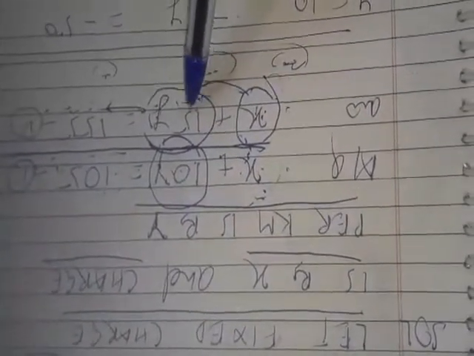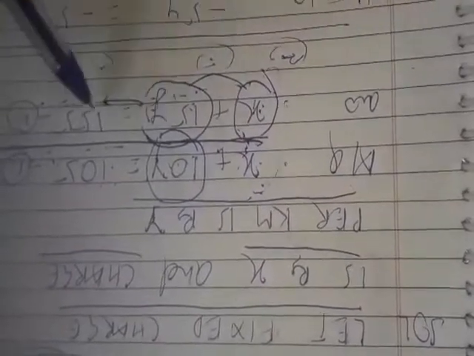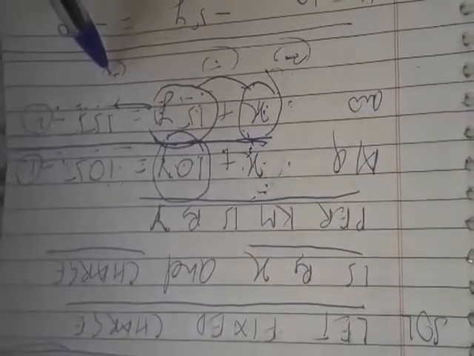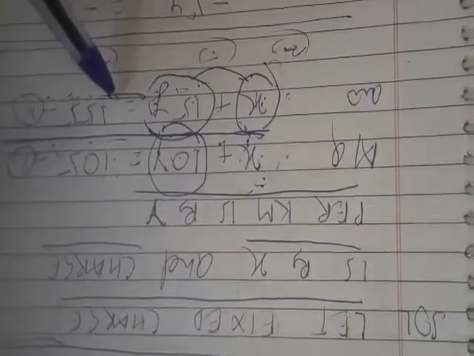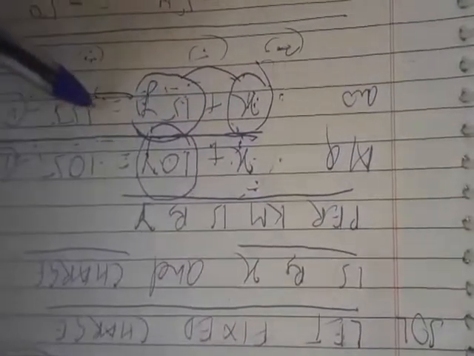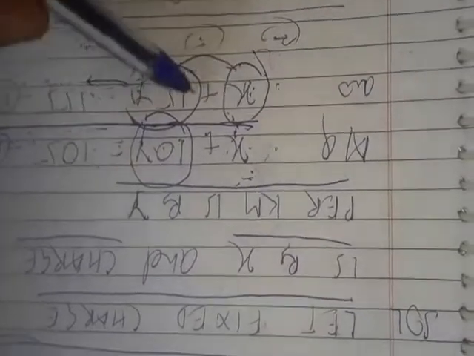Because this X will become minus, we will subtract it. 15Y will be treated as minus 15Y and plus 155 will be treated as minus 155. We will just change the sign of the lower number to its opposite. Plus will be changed to minus and minus will be changed to plus. Since all are plus over here, all have been changed to minus.